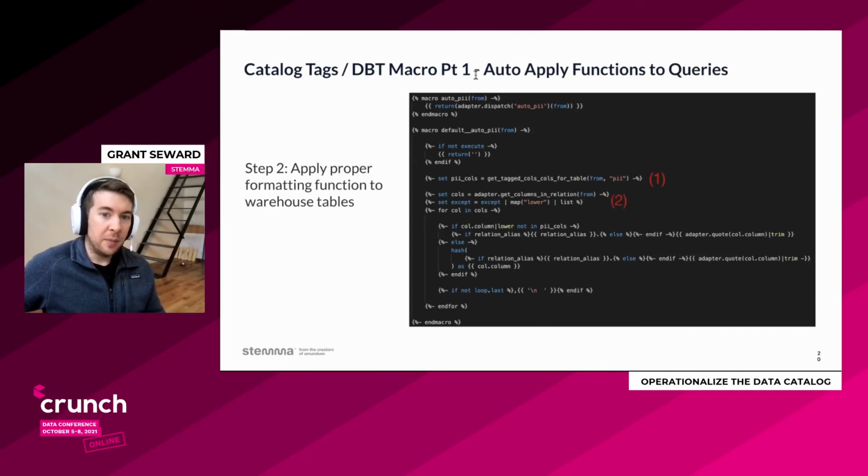Second, we're using dbt macros once again to get a list of all fields that exist within this table. And third, and finally, we create the field to be returned. This will resolve to the normal column name if the column is not tagged as PII, and conversely, the column will be hashed if this is a PII field. And it will be aliased so that our output column for the users will remain the same regardless.